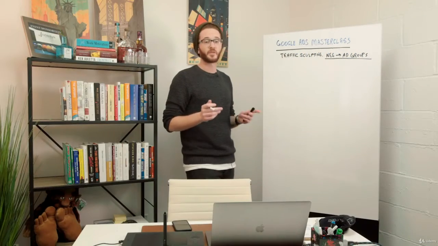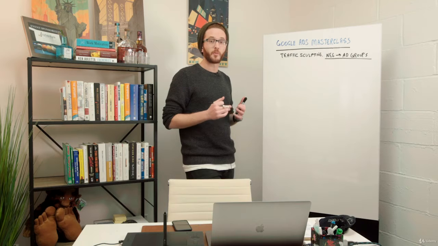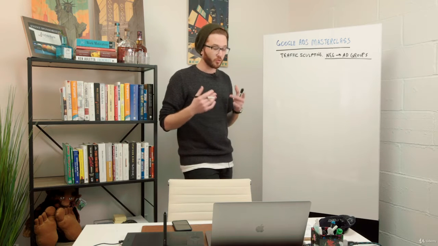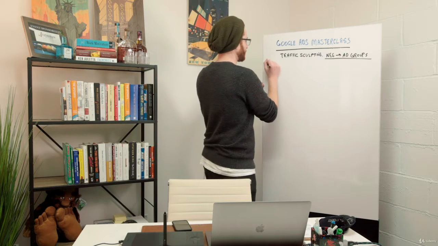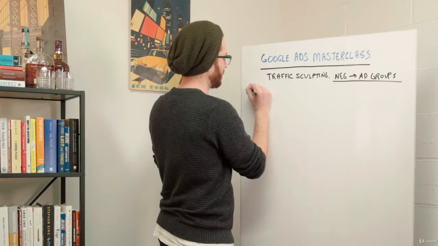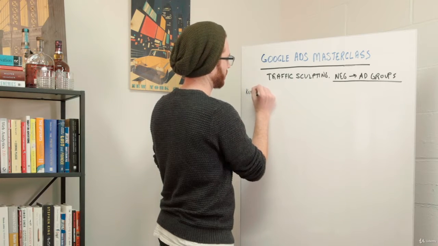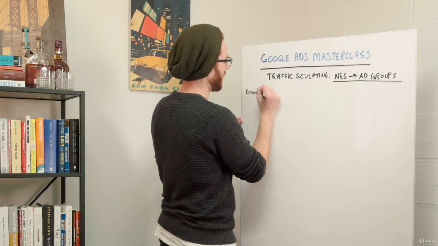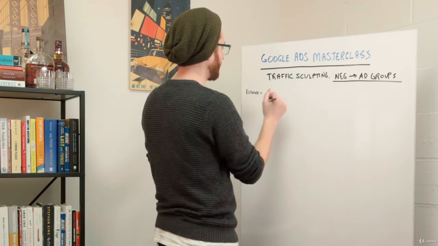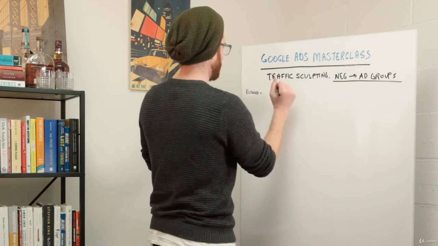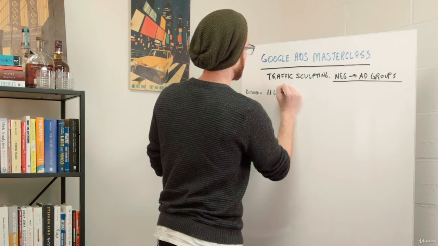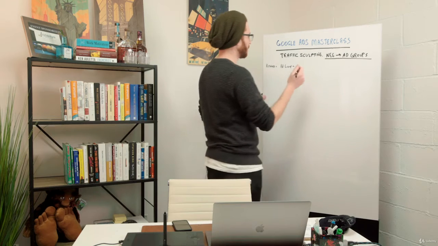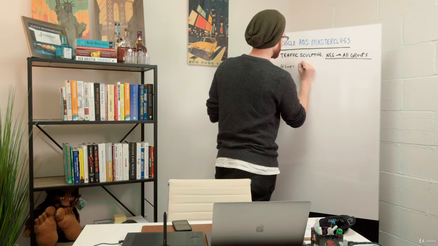Let's take a look at a couple different examples where traffic sculpting is really helpful. And these are actually real examples. So I'm going to draw out a little bit of a graph to make this all make more sense. So first we have keyword, let's call it keyword A. And then we have ad group A. Then we have search term.